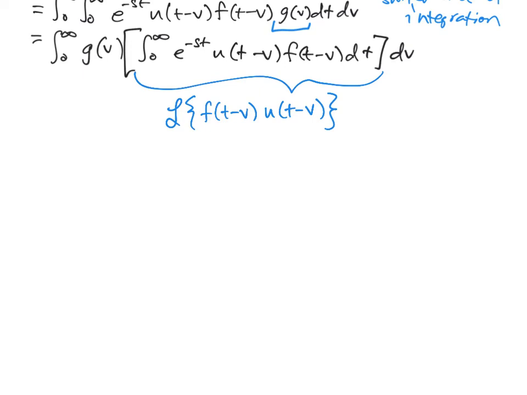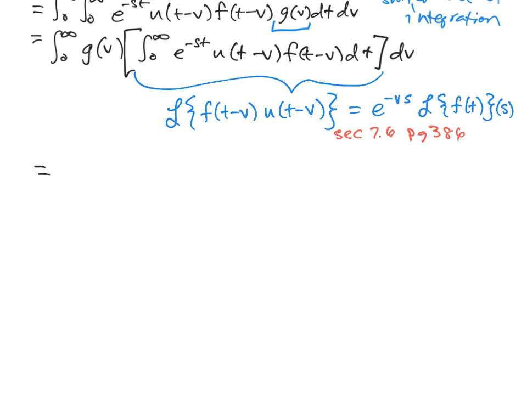And we saw in section 7.6 that this is equal to e to the negative vs times the Laplace transform of f of t of s. And this is from section 7.6, page 386.